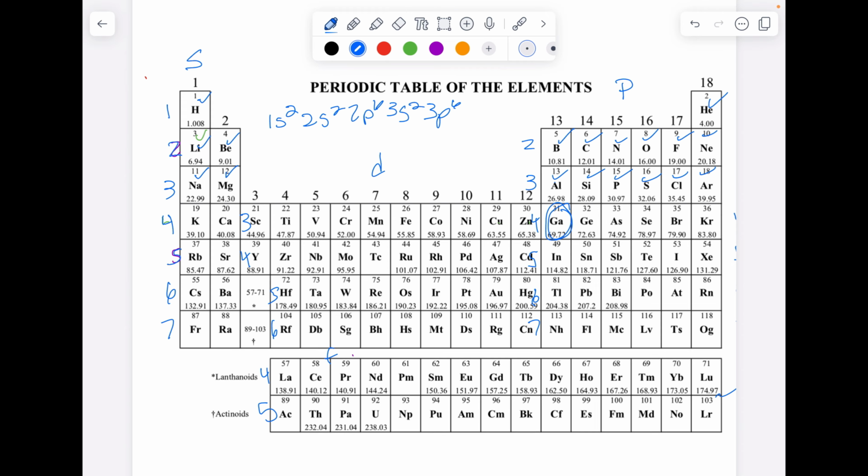Now I have my 4s block, 1, 2. And I have my 4p. Oh, wait, not yet. I skipped my 3d, so I have my 3d block here. I have 1, 2, 3, 4, 5, 6, 7, 8, 9, 10, 3d10. And now I have my 4p, and I have 1.